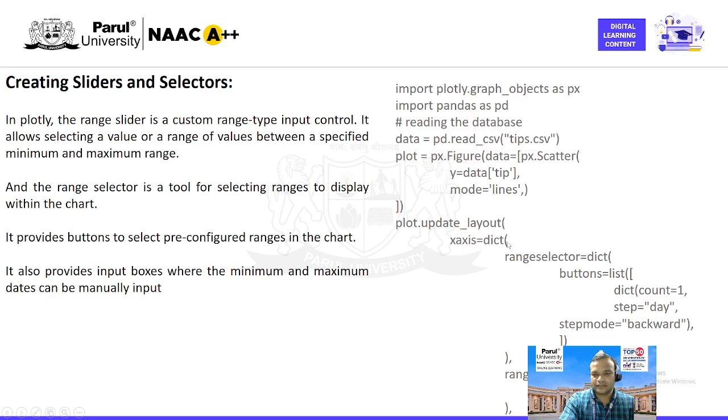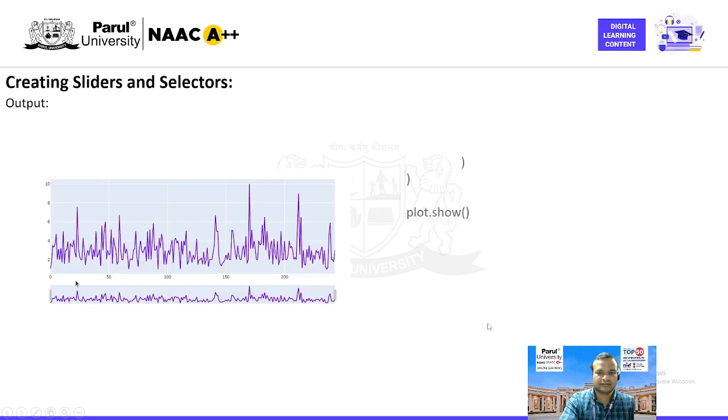plot.update_layout, xaxis dictionary we create, and along with this rangeselector is also there, is equal to dict, and buttons is equal to list. Then dictionary count will be one, step day, and stepmode will be backward. And rangeslider is also there along with the dictionary here. The visible parameter is here, that will be true.